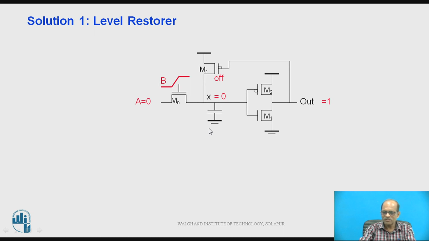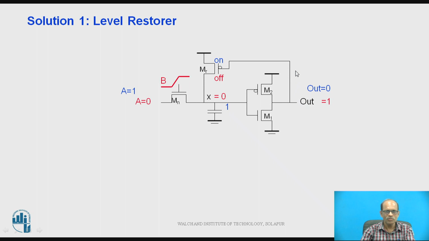Now let us check another condition. If A is equal to 1 and B changes from 0 to 1, what happens? The output of this first NMOS will become 1, and that 1 is inverted by the CMOS inverter and becomes 0. As soon as the output becomes 0, that goes to the gate of the PMOS, so this PMOS will conduct, and whatever degradation is taking place at the voltage X is overcome by this restorer.